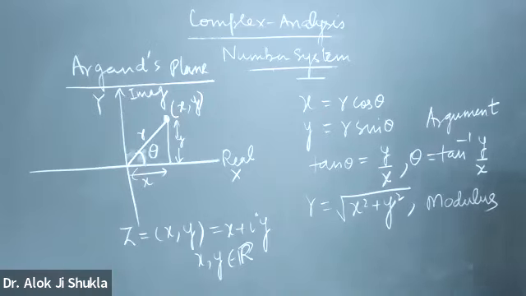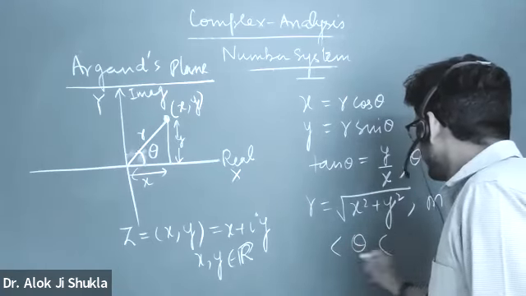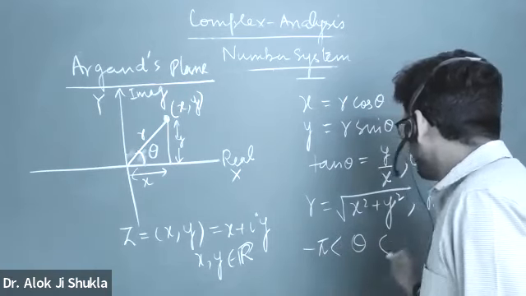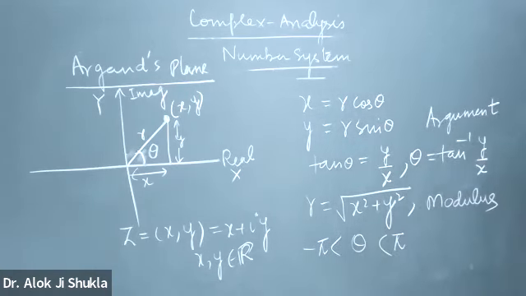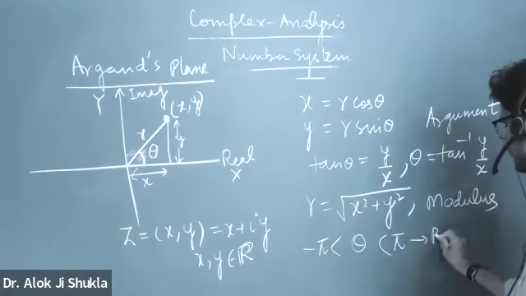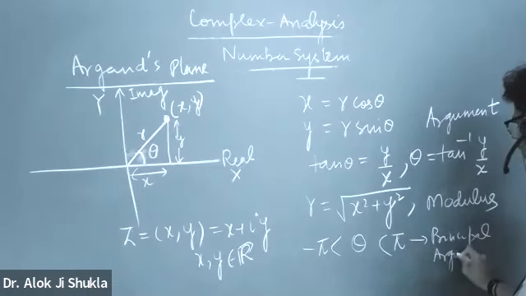Now this theta, if it is written like this between minus pi to pi, then it is called principal argument.